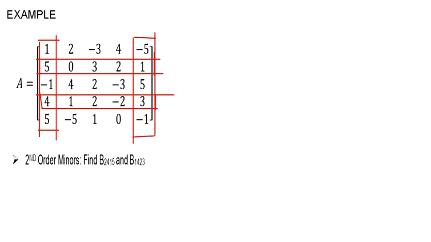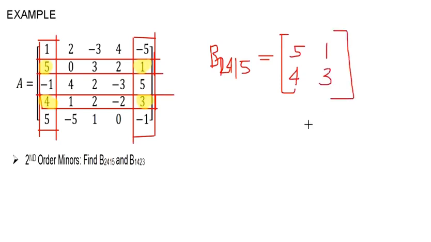The common elements are 5, 1, 4, and 3. So the second order minor of 2, 4, 1, 5 is equal to 5, 4, 1, and 3. That is the answer to our first requirement.